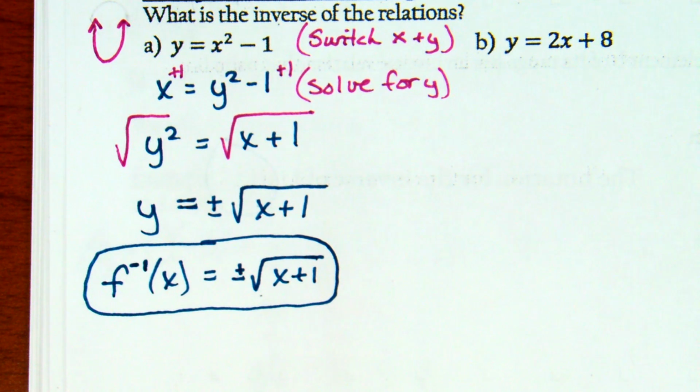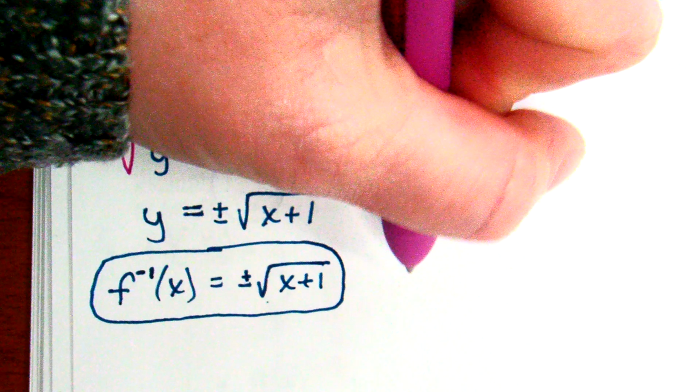Because if you reflect it over just a horizontal line, it's going to be upside down. If you reflect it over a vertical line, it's still going to be right side up. What about a diagonal line? It's going to be sideways. So a right side up parabola is going to be sideways. Now, we don't really deal with sideways parabolas here.